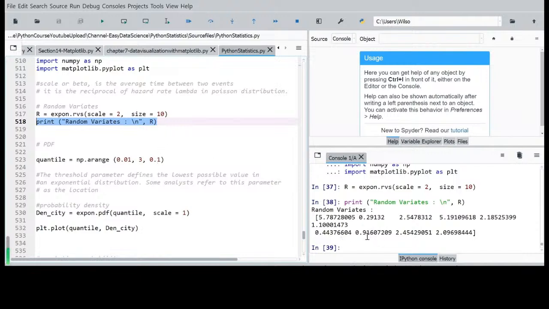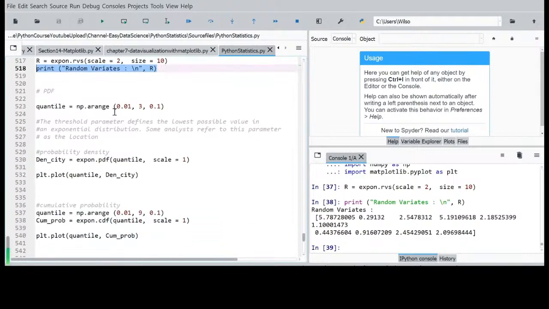You can see they range from 0.44 to around 5, with the largest number about 5.78. Because we have beta equals 2, the mean is 2. So it's quite reasonable, around 2, right?